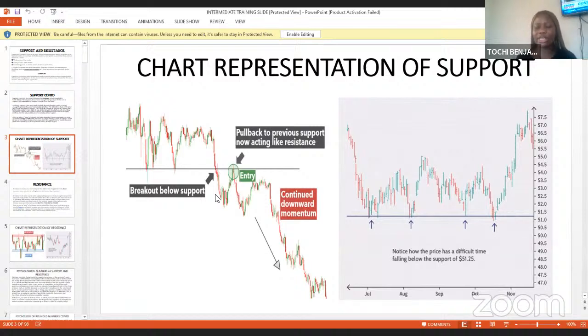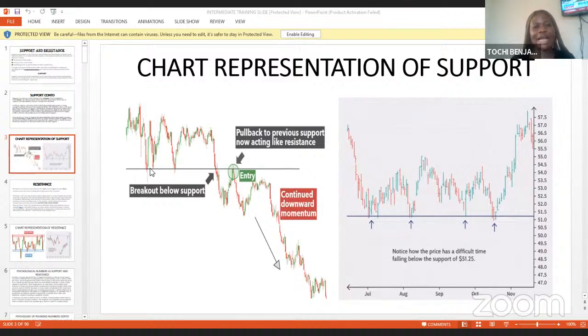That means you're asking yourself, currently, where is the price? Is it heading towards a support zone, or is it heading towards a resistance zone compared to the current market price? Now look at this. Price is falling from a high. It got to this level.